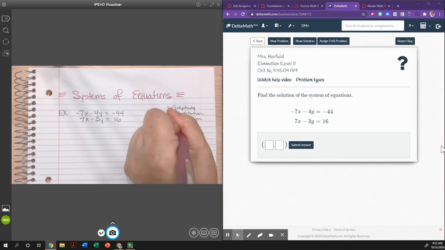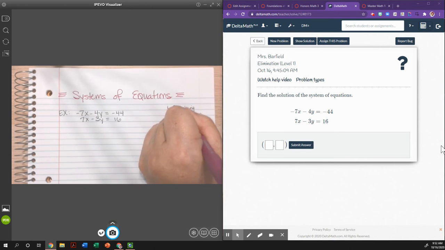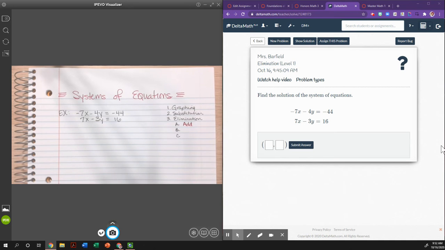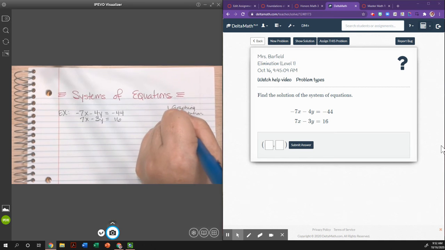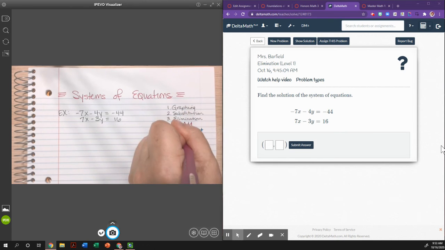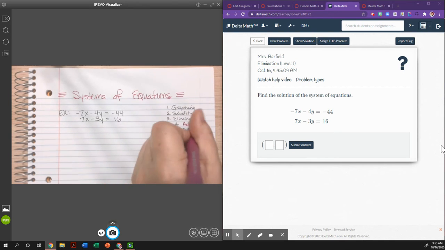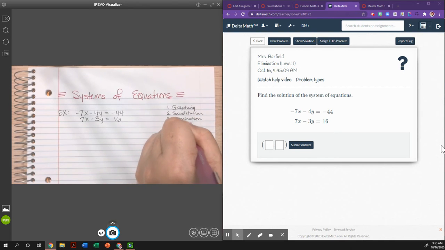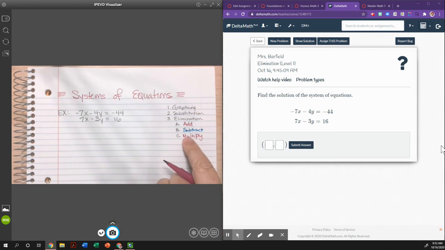You will either add the equations together, you will subtract the equations, or you will multiply, and that's going to be a little bit more involved.